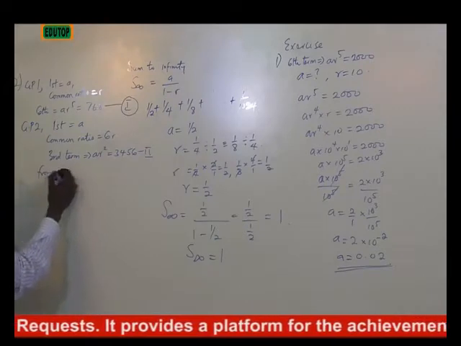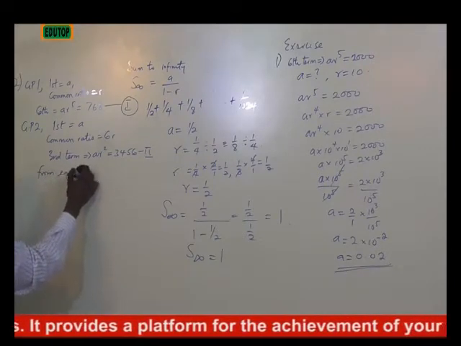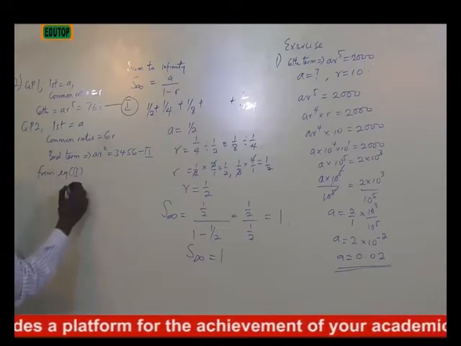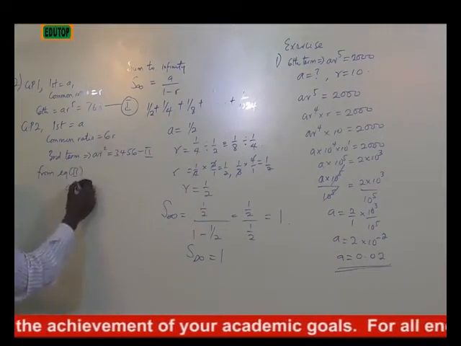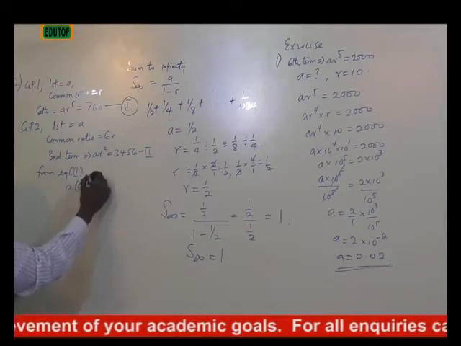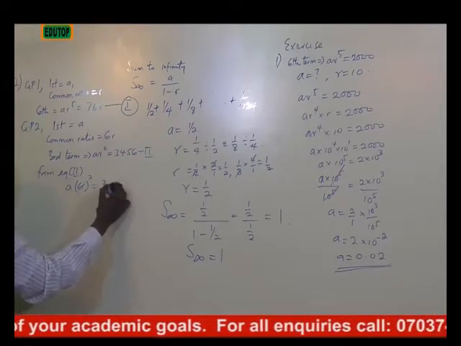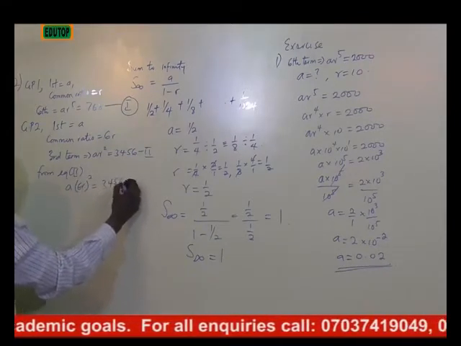From equation 2, our R is 6R. Automatically we can write A times 6R raised to power 2 equals 3,456.